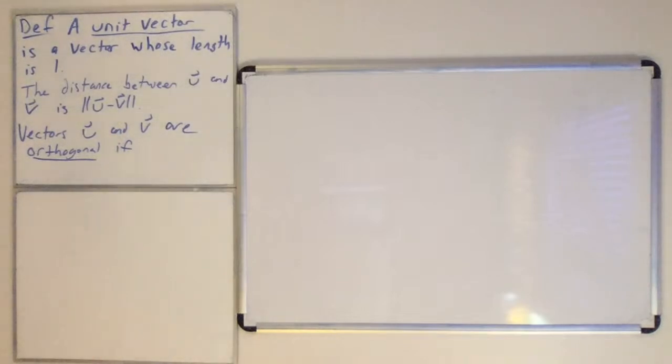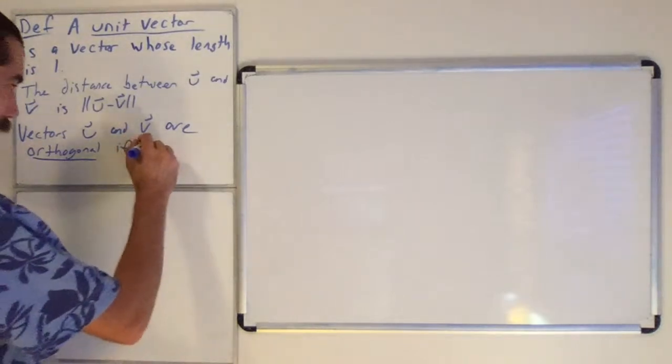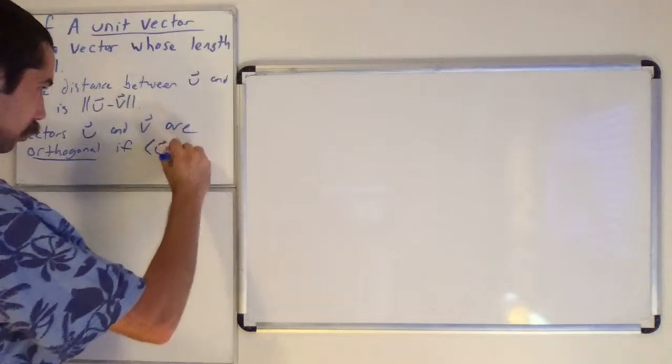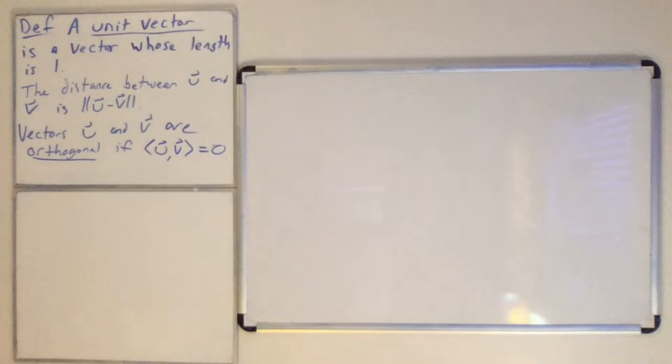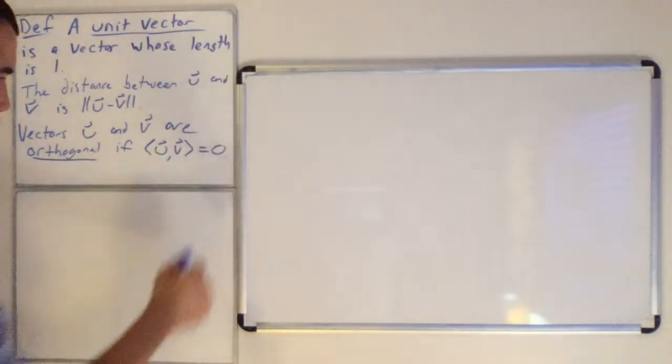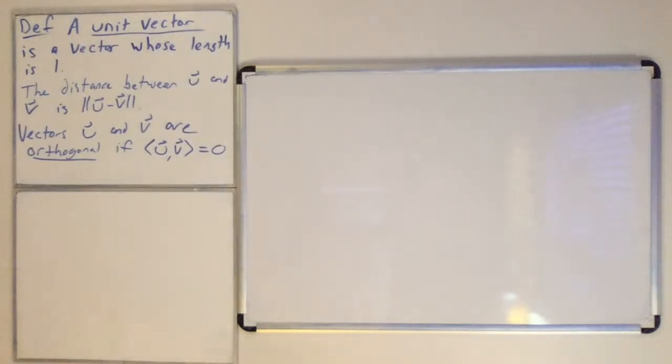But yeah, Taylor, you're right. So if their inner product is 0, right? Because we don't really know what it means to take the dot product of two polynomials, for instance. But we'll use this term orthogonal just to mean that their dot product or their inner product is 0.